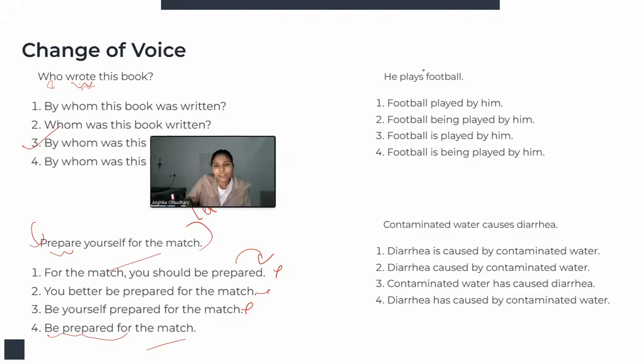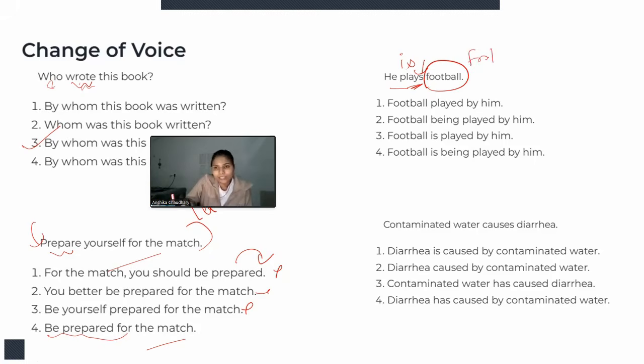So it will be is, then after that the main verb in third form, right? So he plays. This object will be converted to subject, so football. And as this is a present indefinite, or present simple tense verb, it would be converted to is.